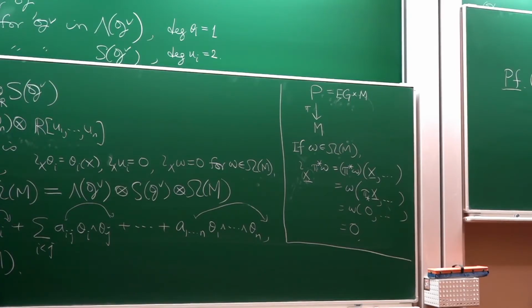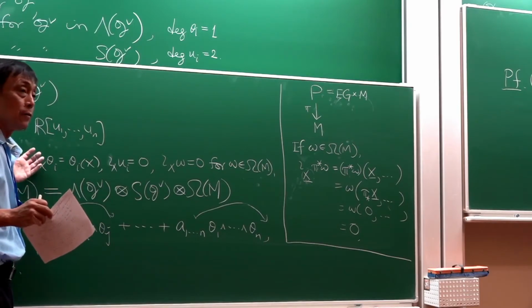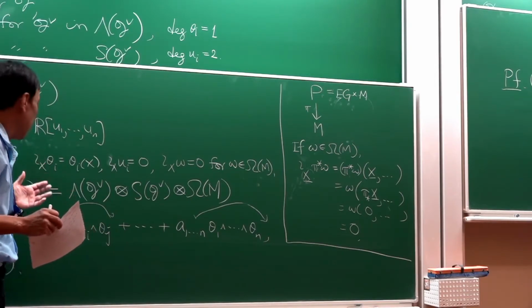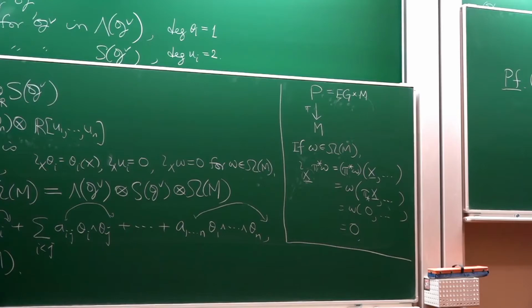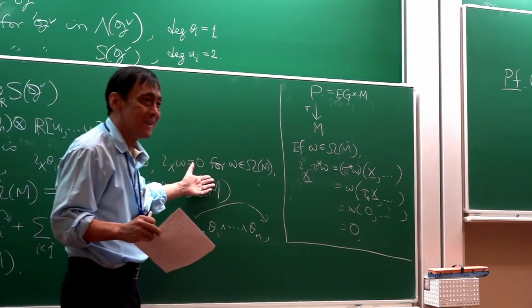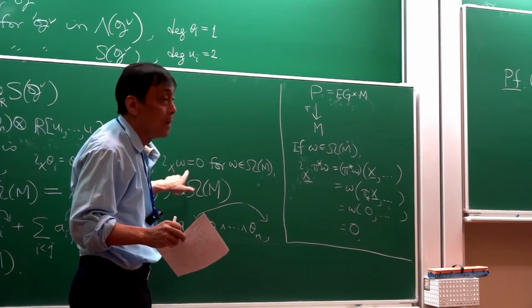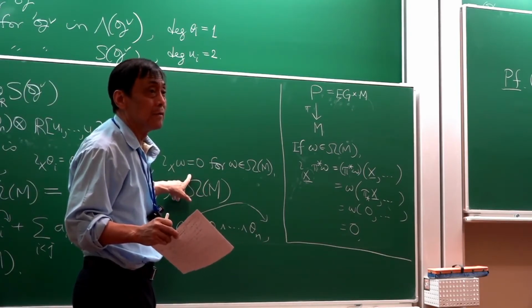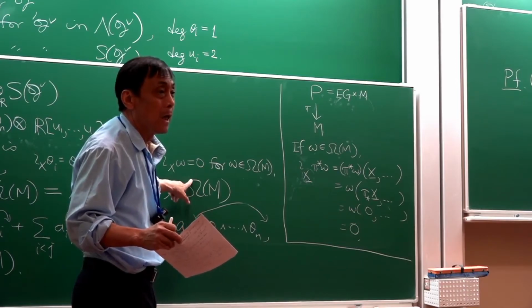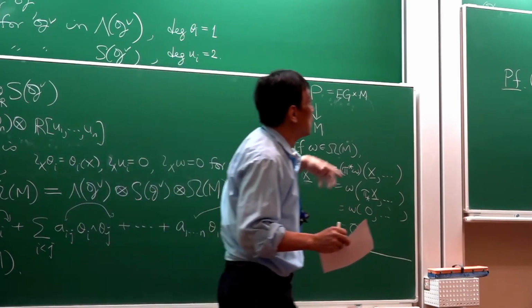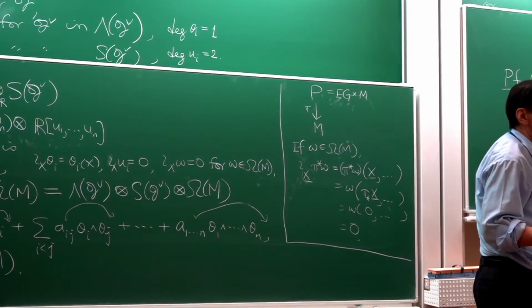And we define contraction and the Lie derivative on this. This is just a definition. And I'm saying that this is the correct definition.